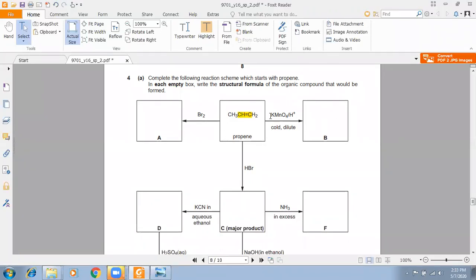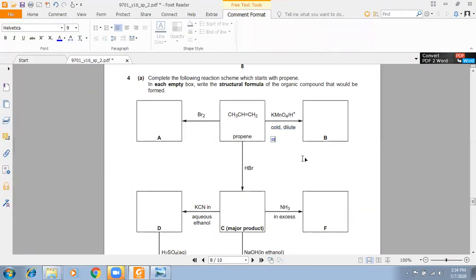On the other hand, when we carry out the reaction with potassium permanganate, we don't get this reaction. Two things are very important here: the condition. Always, condition is very important in organic chemistry. When we are using cold dilute potassium permanganate, this is a mild oxidizing agent.